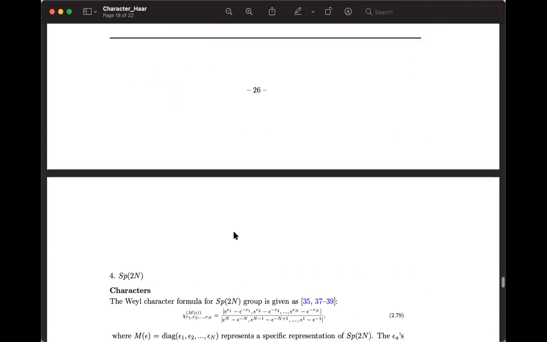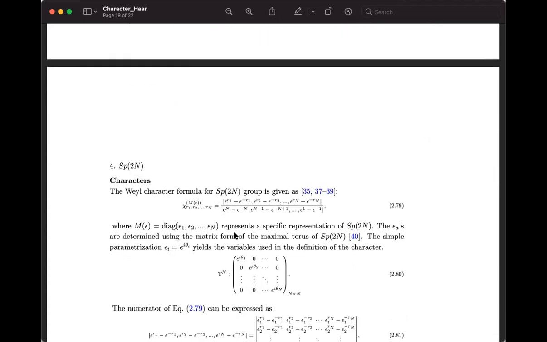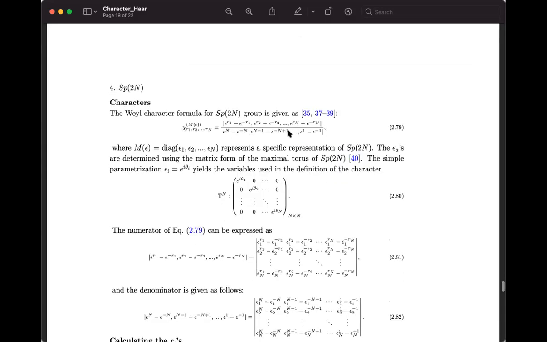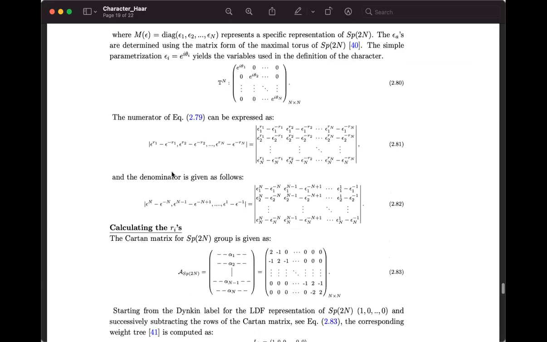Okay, next. Another compact group of our interest is the symplectic group, known as SP2n. Its rank is n, and the Weyl character is given in this particular way, and the maximum torus is given in matrix form with theta 1, theta 2, and so on. The denominator is given in this particular way.